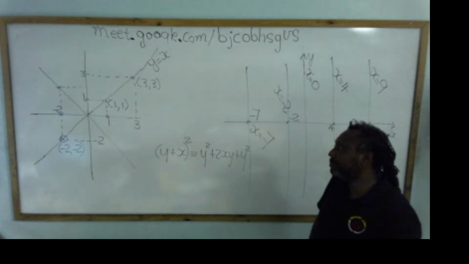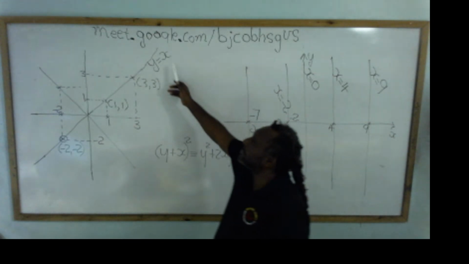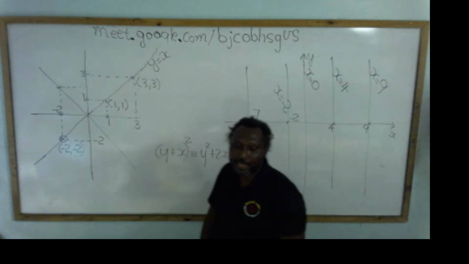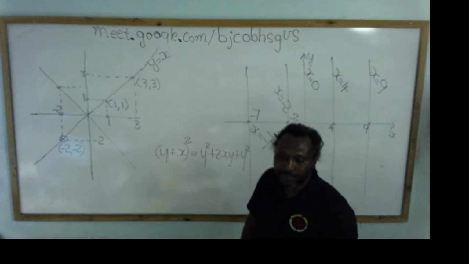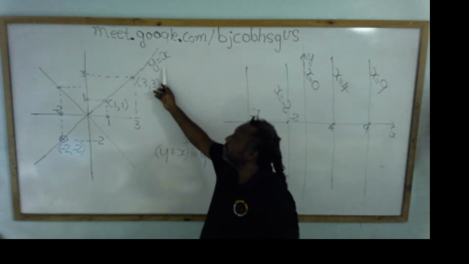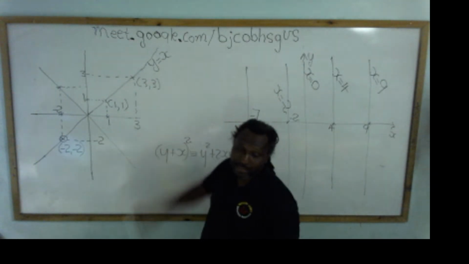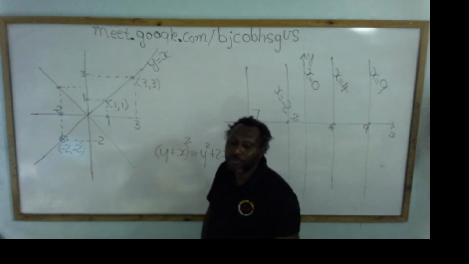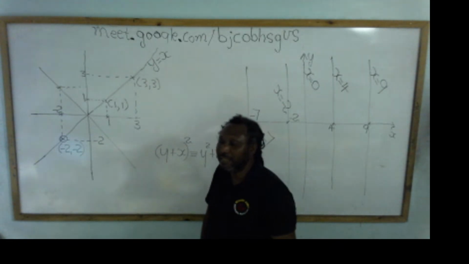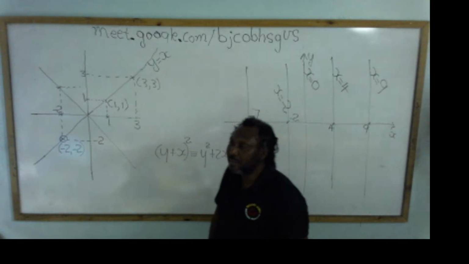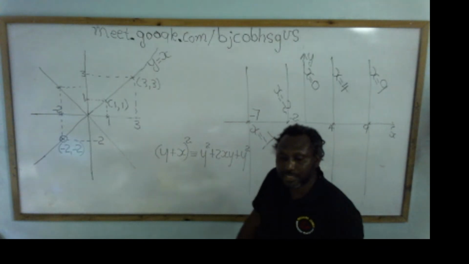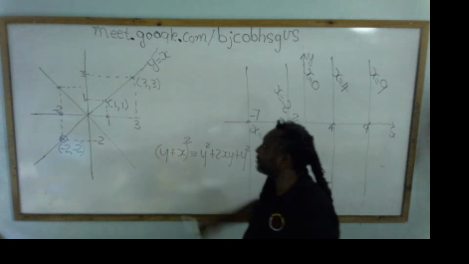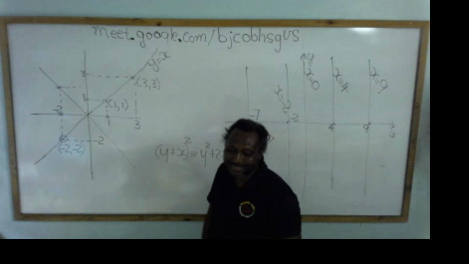And additionally, x is independent, but y is dependent on x. So as a matter of fact, to be conclusive, the expression is most appropriately written that way. And of course, when you are using an intermediate step, you may write it anyhow. You may write x is equal to y as a part of a process. But at the end, you have to say y is equal to x.